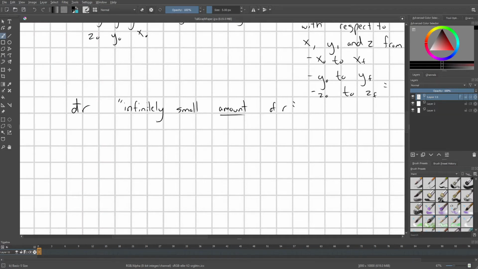Just to give a quick example of that, because that might be a little confusing, a situation where we would use this would be in the definition of power as a small amount of work done over a change in time. The reason why we word it like this is because when I'm pushing a block, I'm not changing work, I'm just doing an amount of work on that block.